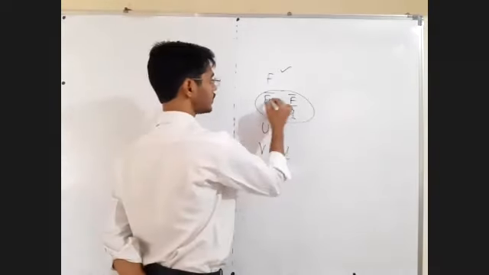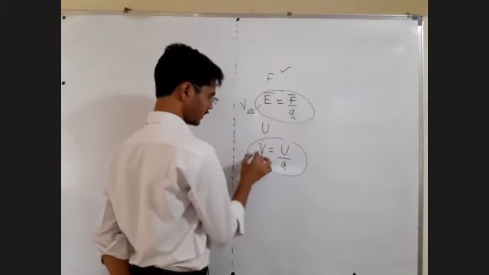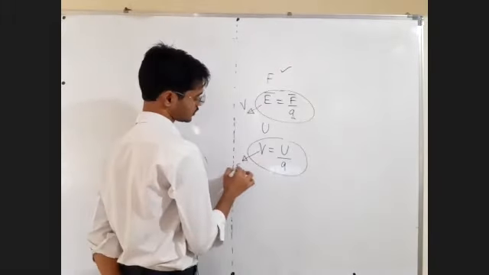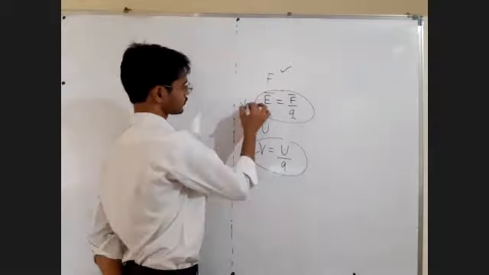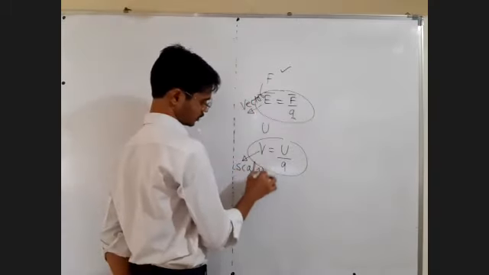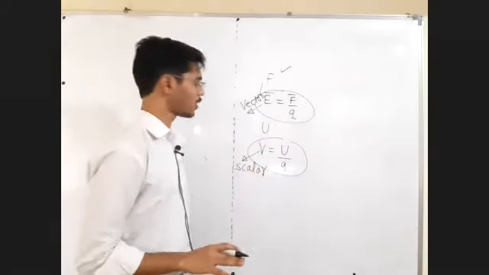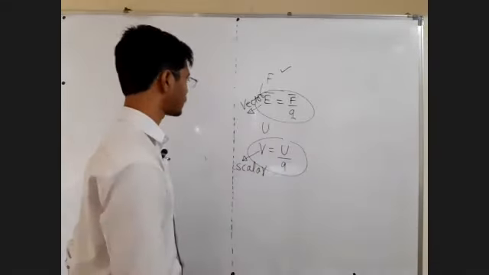So electric field is vector. Electric potential is scalar. Potential energy, all types of energy, work done, all those are scalar values.